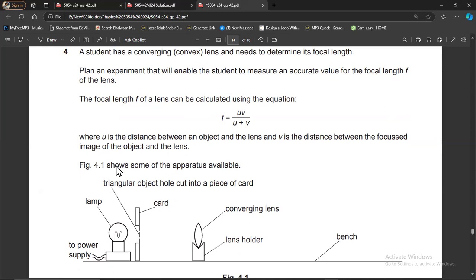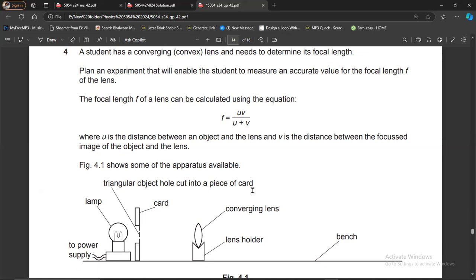The focal length f of a lens can be calculated using this equation: f is equal to u multiplied by v divided by u plus v, where u is the distance between an object and the lens. For example, this is the object, this is the lens, so this distance is u. And v is the distance between the lens and the focused image. If I have a screen here, then v is the distance between the lens and the screen when the image is focused, clear and sharp.